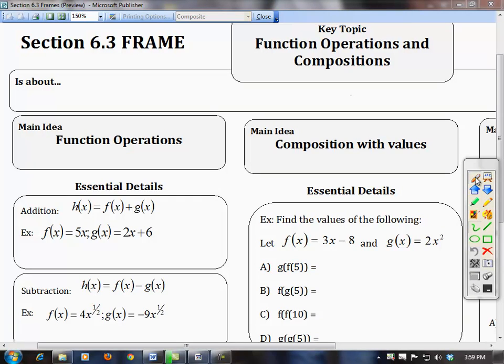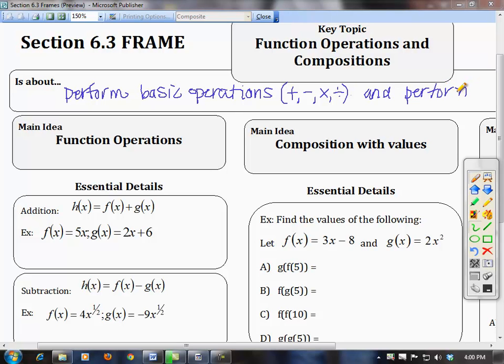The point of this lesson is to perform basic operations, that means add, subtract, multiply, or divide, and to perform composites.